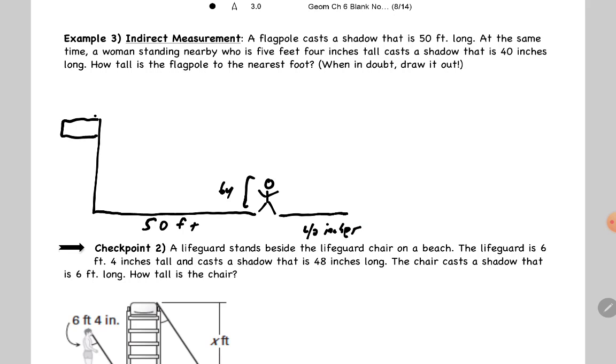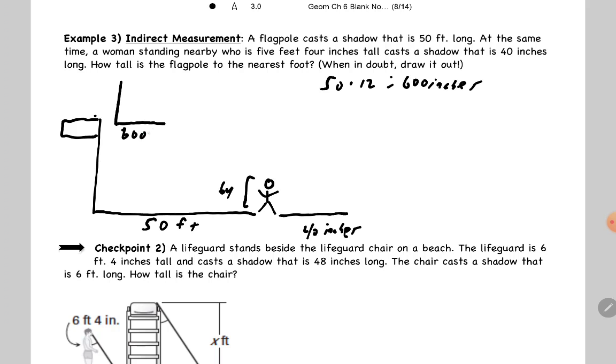So basically what's going on is we're going to be using the idea of similar triangles. So let's redraw the flagpole again. So we have the height, and then we have a 50-foot distance here. So I'm going to change this to inches so we're all in the same unit. 50 times 12 is 600 inches.